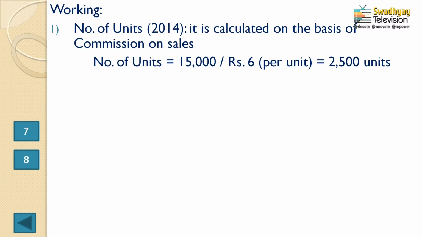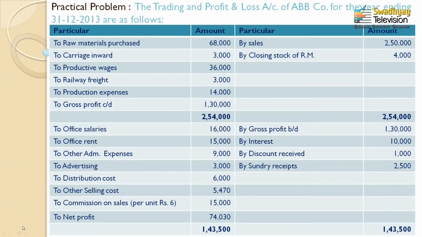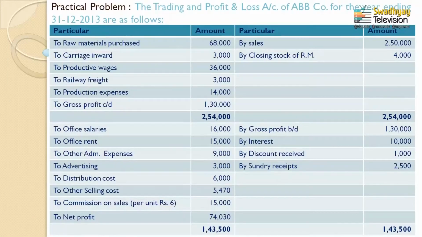Now see, we have a commission on sales here, that is 15,000 rupees, and this commission on sales is given per unit as rupees 6.